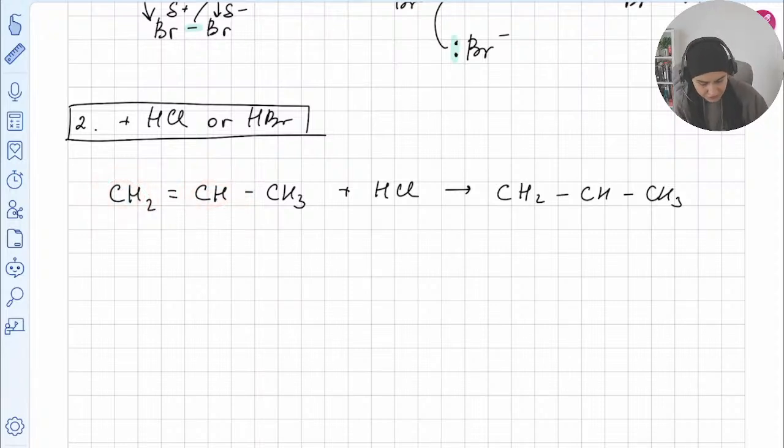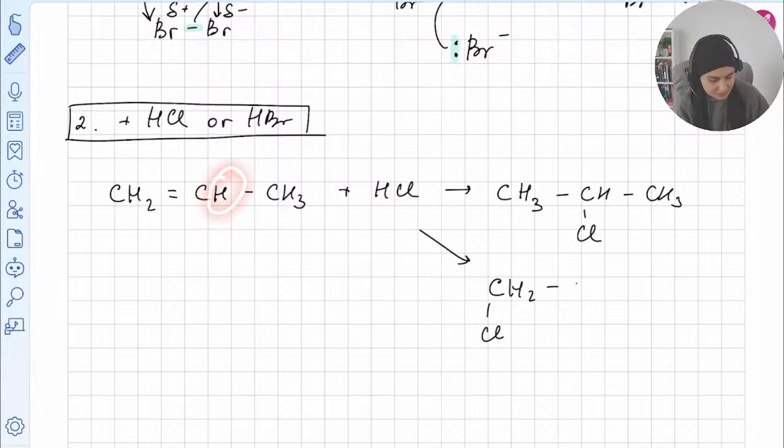If you attach it to the first one, then it becomes CH3 and Cl goes there, so that's 2-chloropropane. And another possible product is when you attach chlorine to the first carbon and H to the second one, so this becomes a CH2.